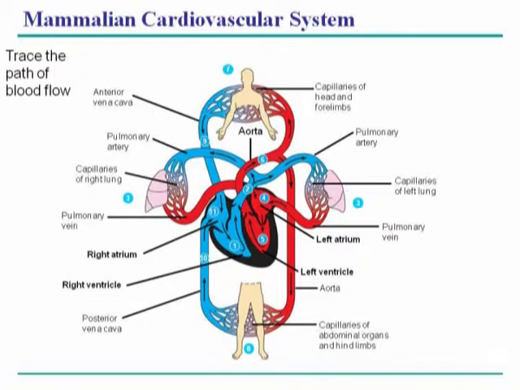The cell gives carbon dioxide to the blood vessel. Oxygen-rich blood becomes oxygen-poor blood and returns to the number 9 and number 10 structures again. Number 9 is the superior or anterior vena cava, and number 10 is the posterior or inferior vena cava. Then it comes back to the right atrium again.